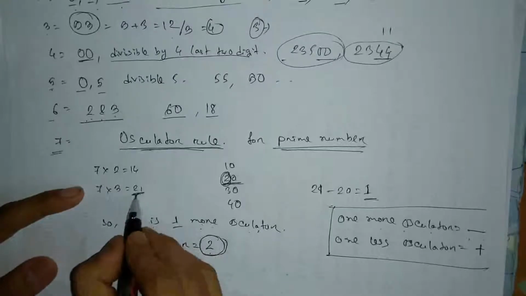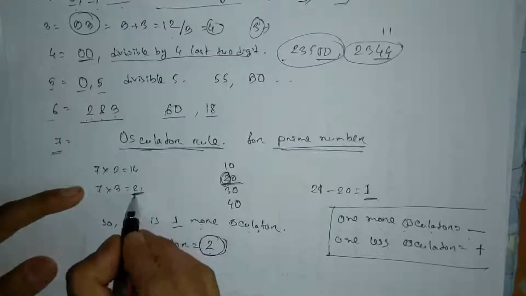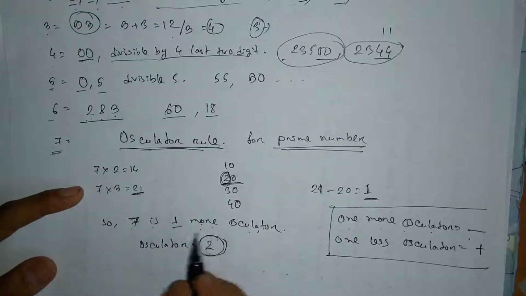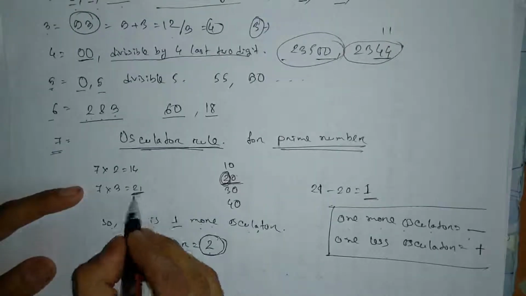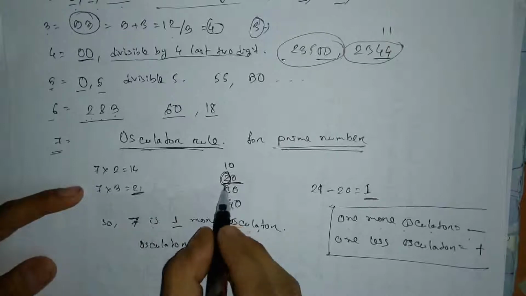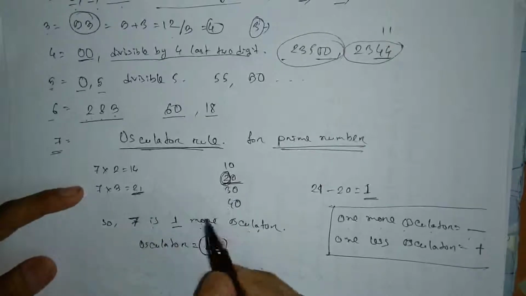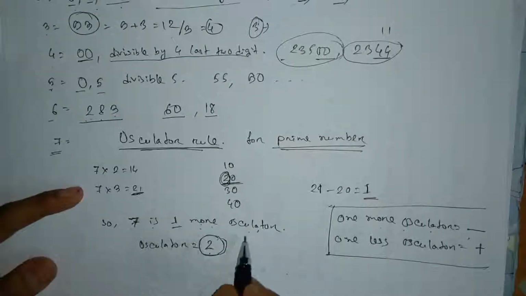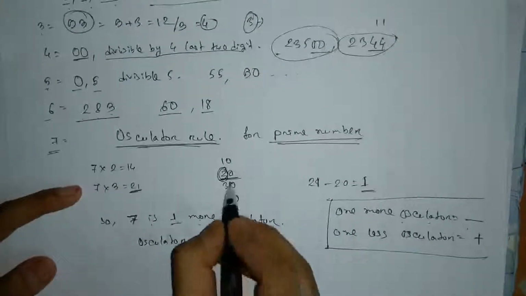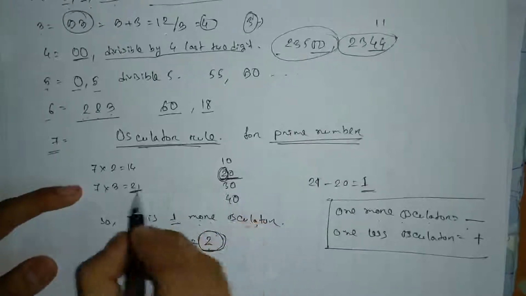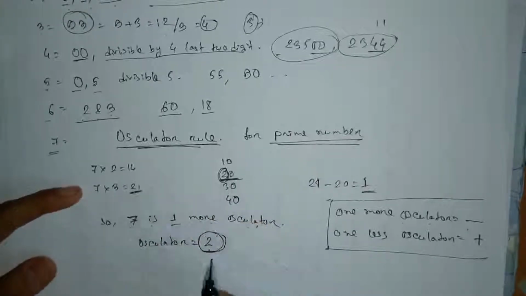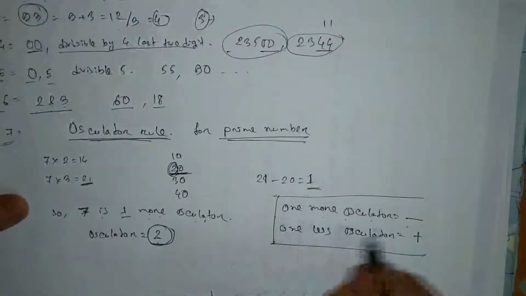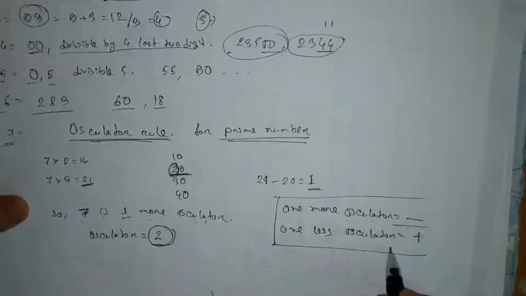If it was 19, then we would say 7 is one less osculator. Because 21 is greater than 20, it is one more osculator, and the osculator value is 2. In case of one more osculator we have to use negative, and in one less osculator we have to use positive.